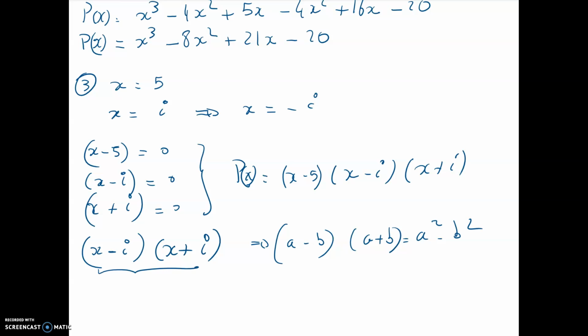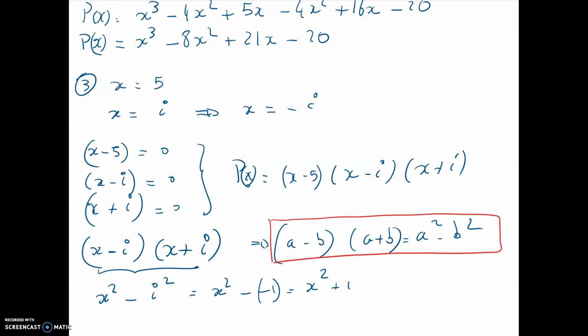In that case, this is x squared minus i squared, which is x squared minus negative 1, so you have x squared plus 1. If you don't remember that a minus b times a plus b equals a squared minus b squared, or if you don't see that what you have looks like that, just distribute properly and you will find what you're looking for.